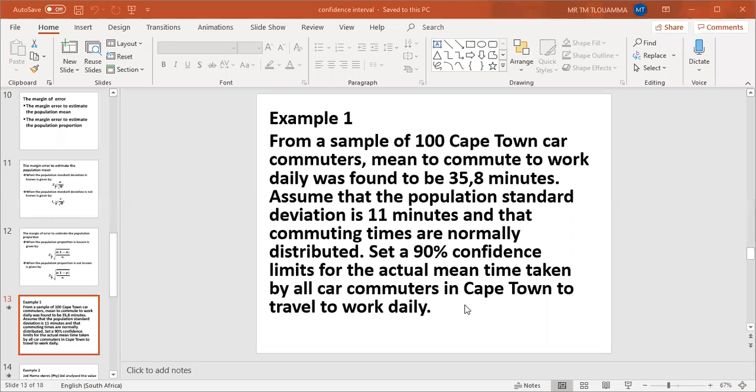Now I'm giving you the hint on how we are going to get the theta divided by 2, not the sigma. The sigma is the population standard deviation, right? So you must set the 90% confidence limits for the actual mean time taken by all commuters.